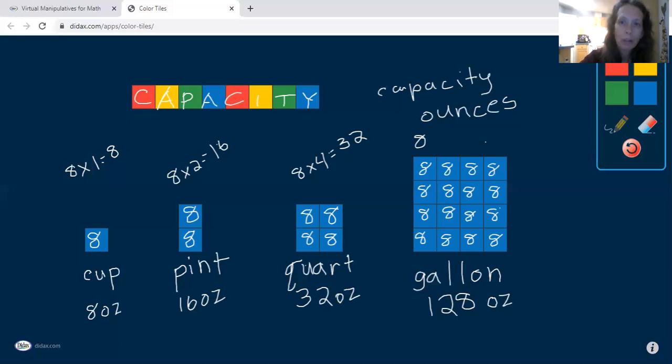Oh, where'd my eraser go? Let me erase. We'll see if it'll erase this way. Oh, there, I got it. Okay.